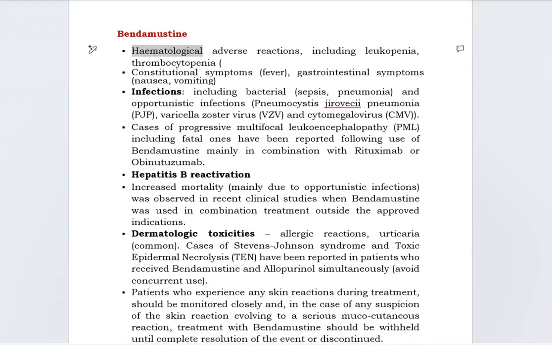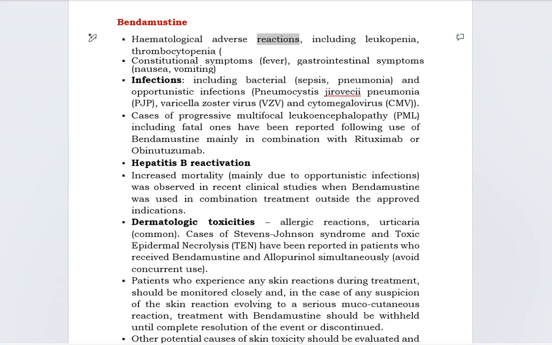Bendamustine: hematological adverse reactions, including leukopenia, thrombocytopenia. Constitutional symptoms, fever; gastrointestinal symptoms, nausea, vomiting. Infections, including bacterial, sepsis, pneumonia, and opportunistic infections: pneumocystis jirovecii pneumonia, PJP, varicella zoster virus, VZV, and cytomegalovirus, CMV.